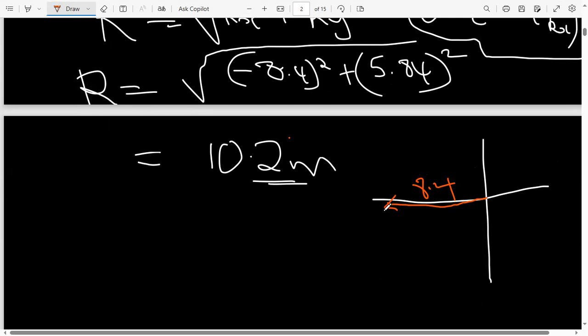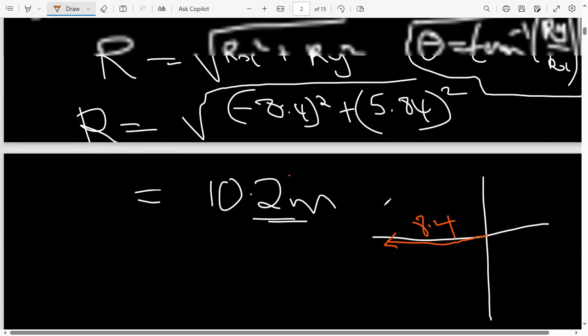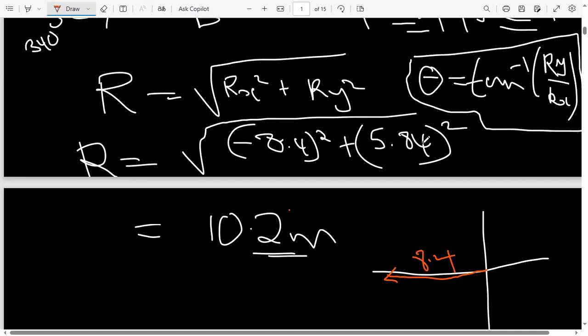Okay. And then from this point, we are going to go 5.84 units up like this. Okay. So you join from where you started here to where the vector is ending like that. So the angle that we are interested in will be this angle, okay, from the positive x-axis all the way up to this vector there.